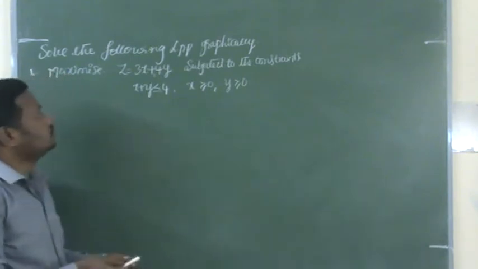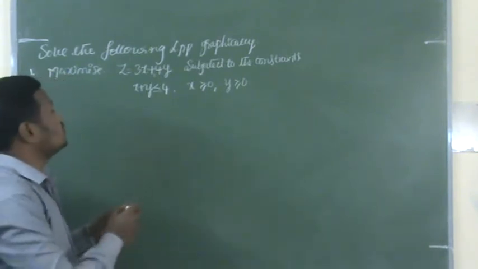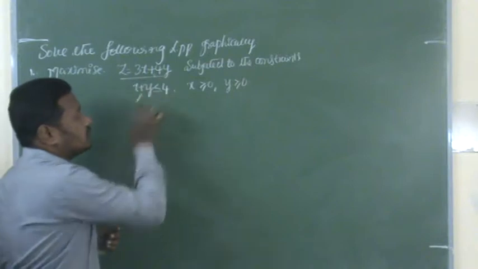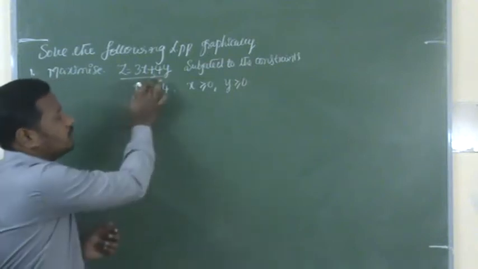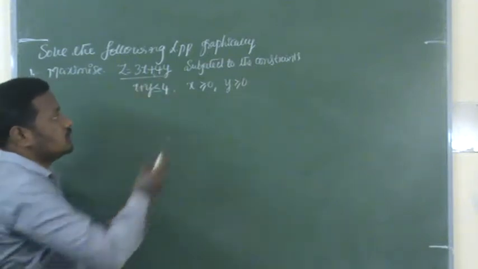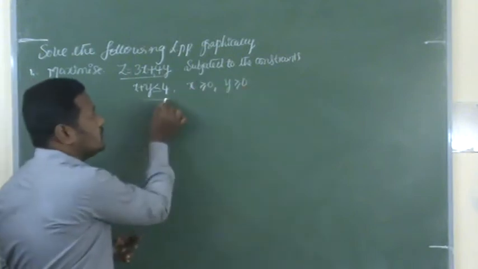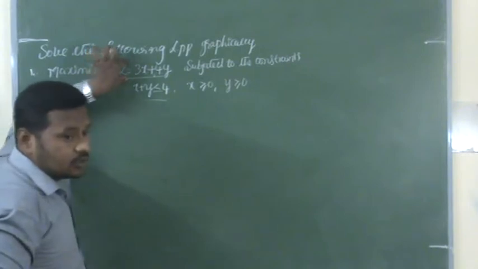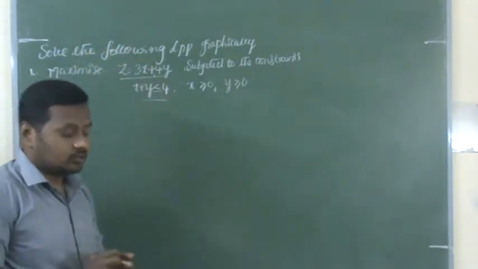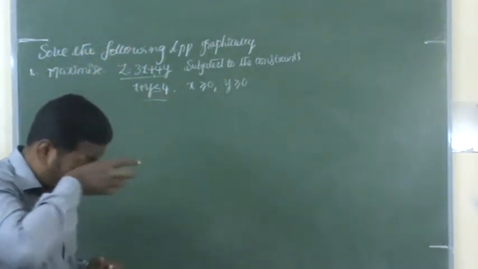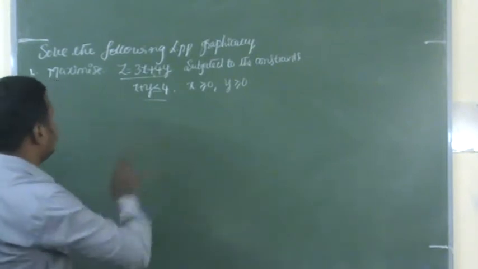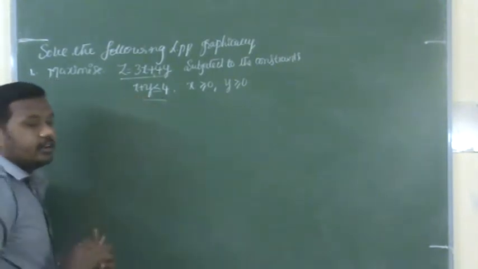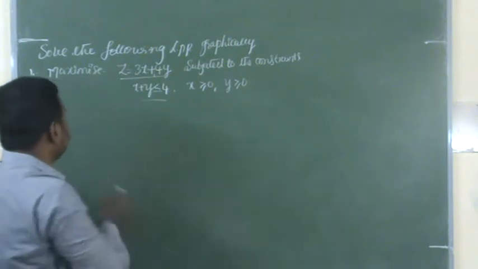See, we have to maximize the objective function, using the constraints. We have to maximize this value graphically. So what are the points we discussed in the graphical method? Graphically, first plot the graph.